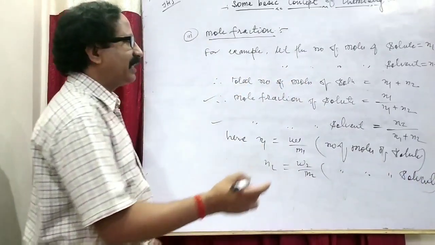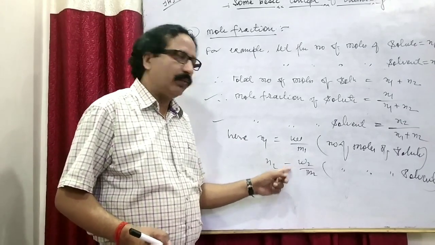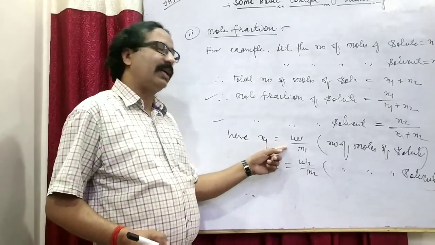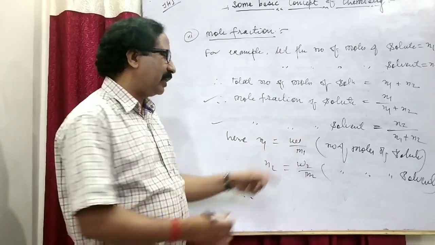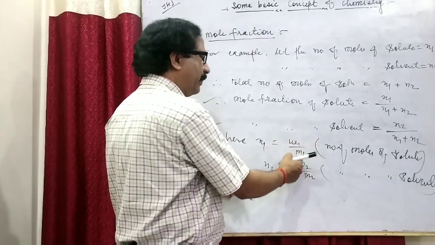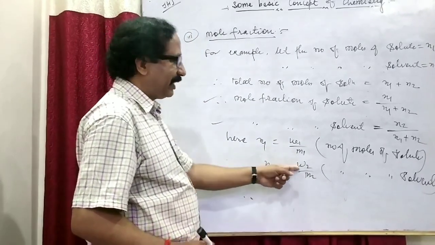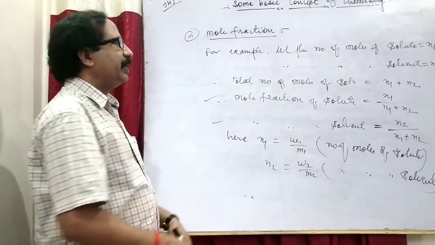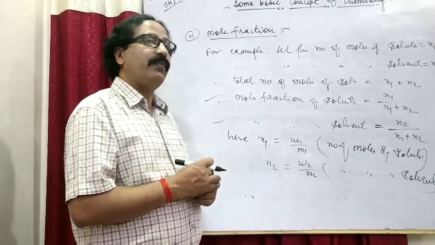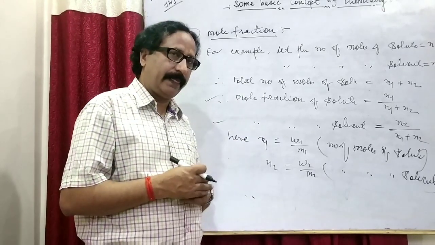If the number of moles of solute and solvent is not given, then applying this formula you can find them: number of moles of solute is weight of solute upon molar mass of solute, and moles of solvent is weight of solvent upon molar mass of solvent. With the help of this, you can find out the mole fraction of solute and solvent for any solution.